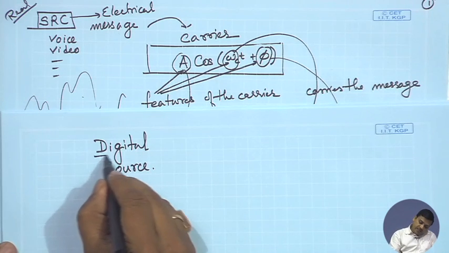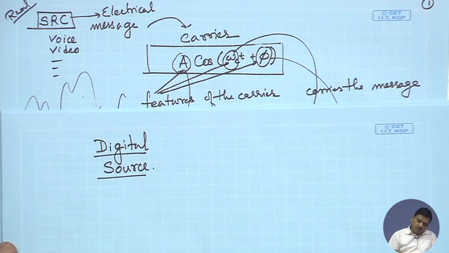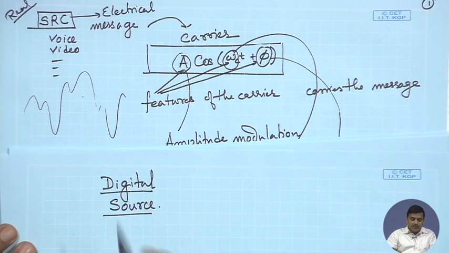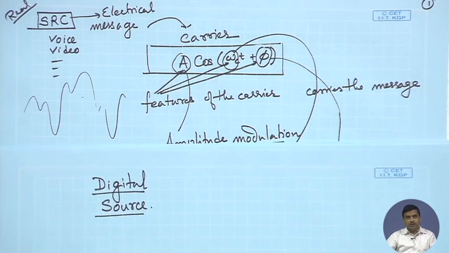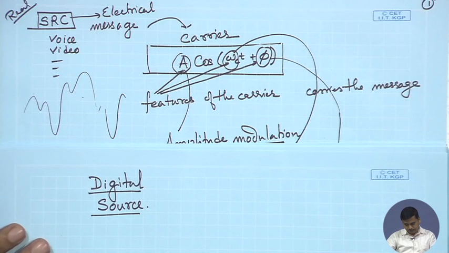Now, when we say it's a digital source, what we mean is that this continuous wave gets converted to some digital signal at some point. There are methods of doing it, and in this particular course we will go through those particular ways of converting this analog signal to digital and how we move forward.